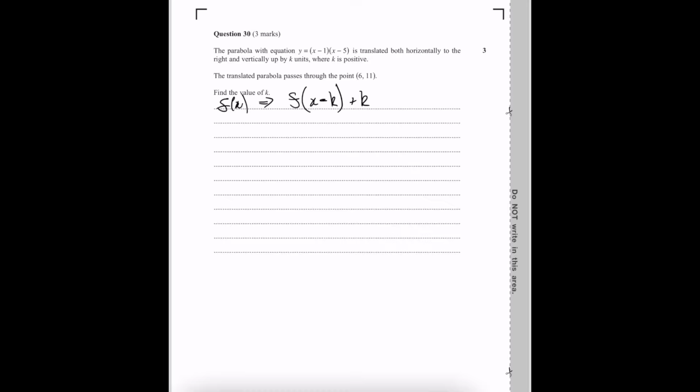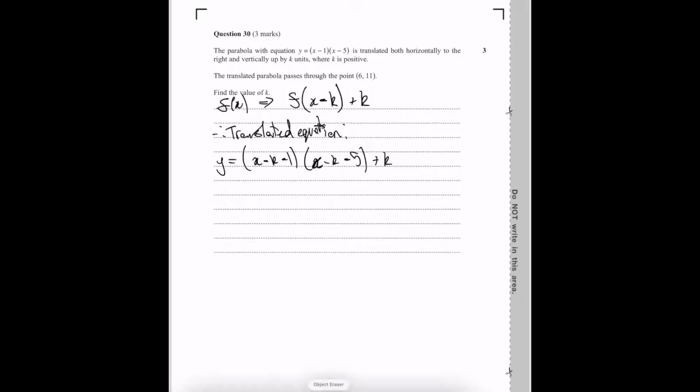So that means the translated equation is y equals x minus k minus 1 outside of x minus k minus 5, plus k.